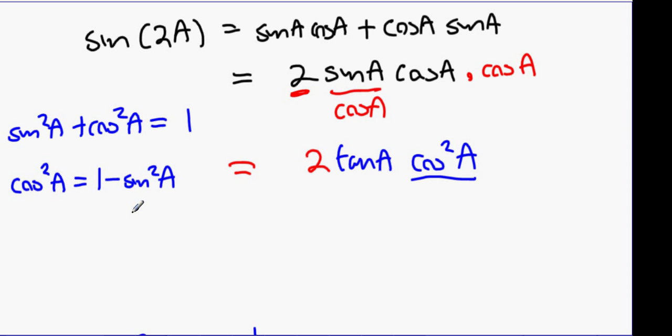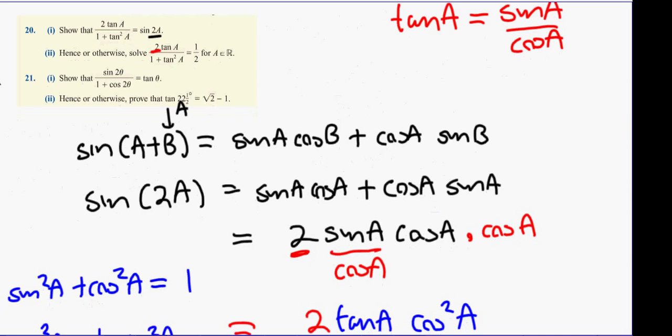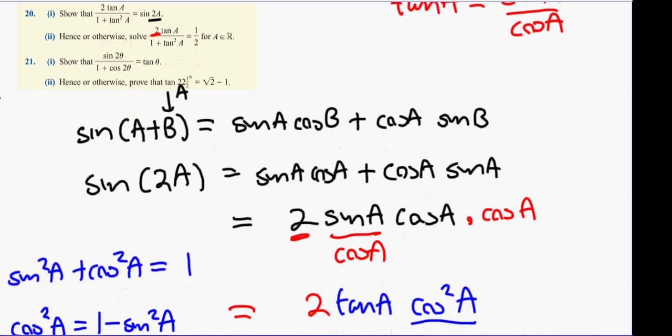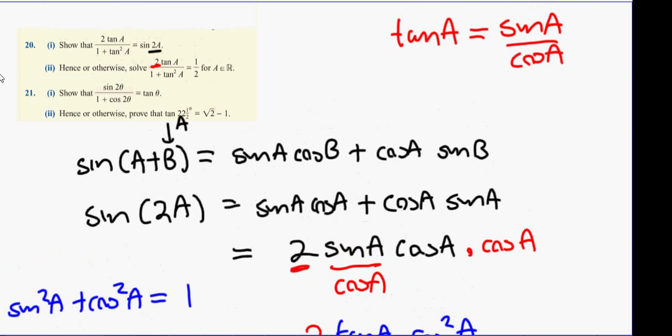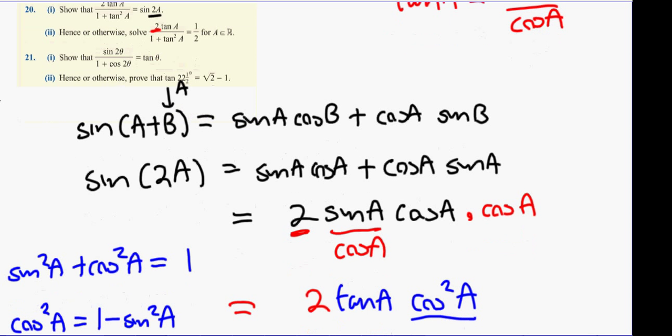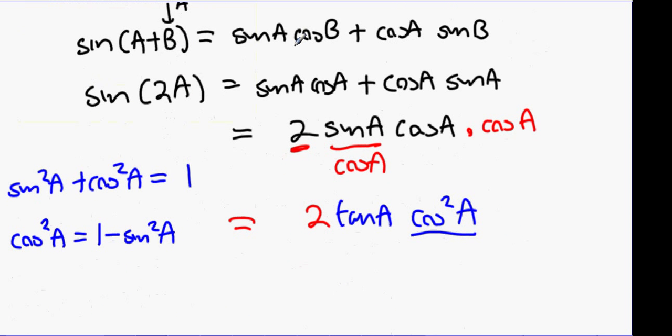Now, the next thing we're going to do is start trying to introduce tan A into this, because tan A equals sine A over cos A. So what we might do next is divide both sides by cos squared A. And I'm going to tell you why I'm doing this now. By dividing both sides by cos squared A, I've turned that into 1.